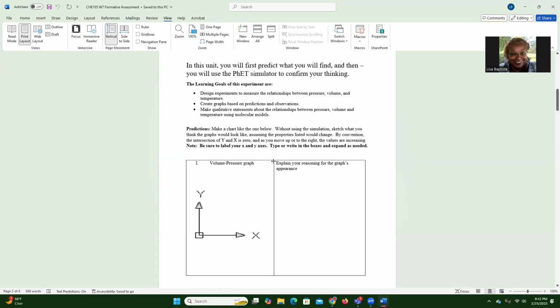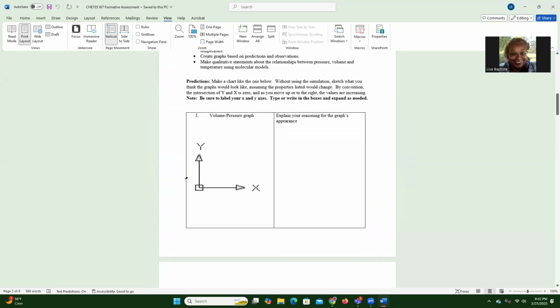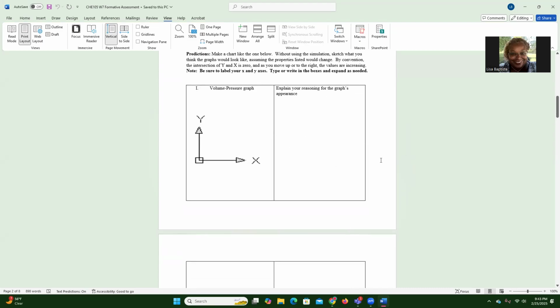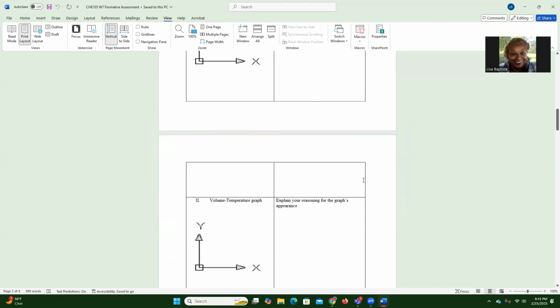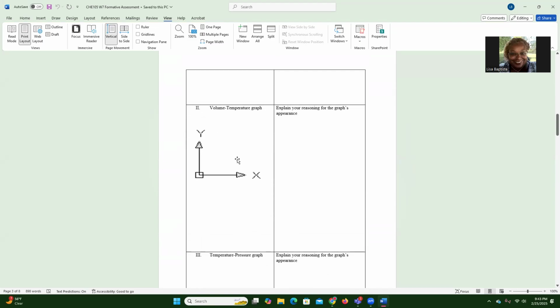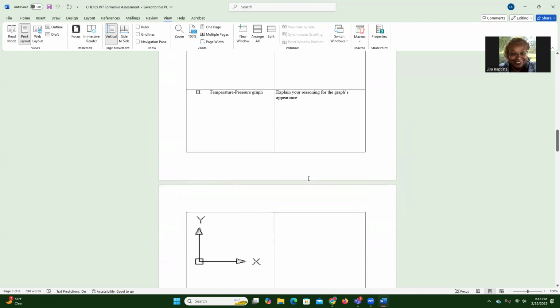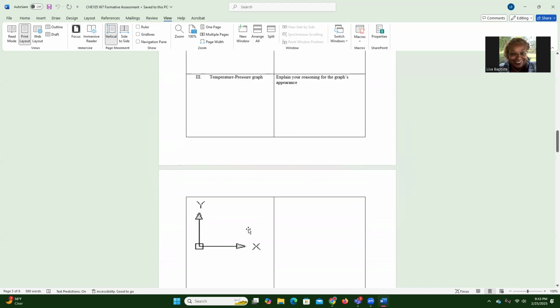All right, and so this is the volume pressure, and you want to see what relationship does volume have with pressure. Okay, and so you're going to draw what you think this graph should look like. All right, and then you're going to explain what you thought. All right, and then you're going to do it for volume temperature, for temperature pressure.